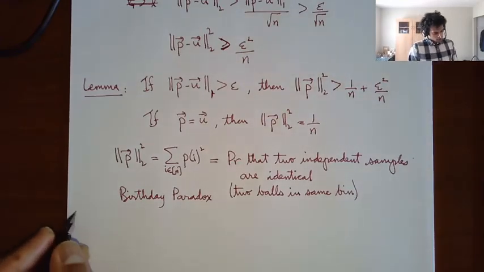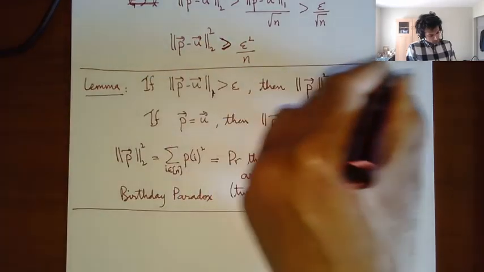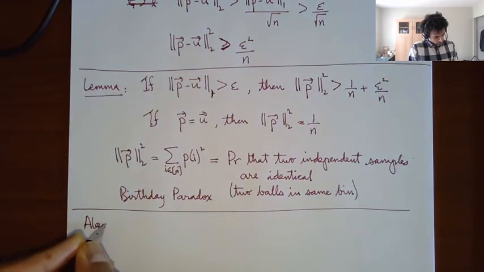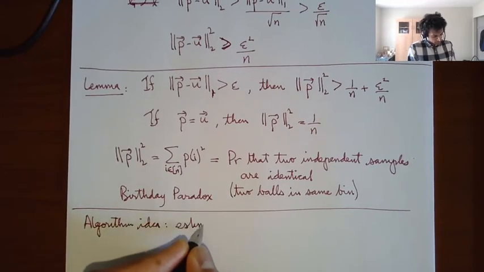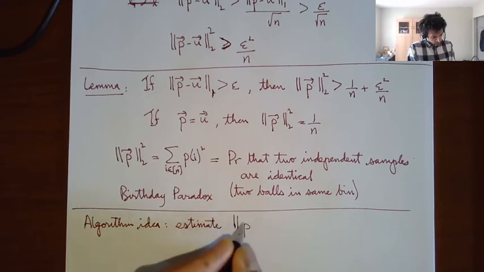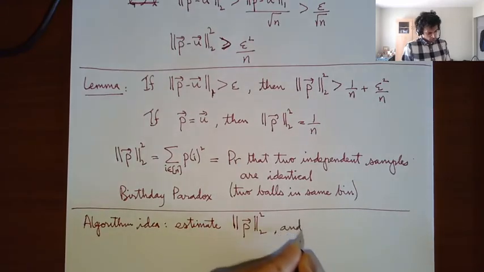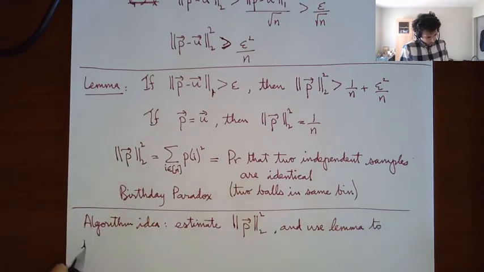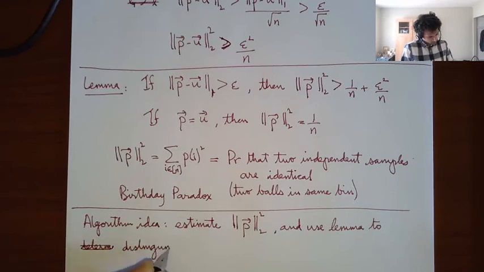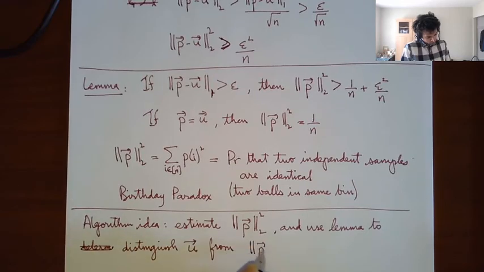Okay. So what is the algorithm? Now we have this lemma. The algorithm idea is to estimate the 2 norm and use the lemma to distinguish u from p where the distance from u is greater than epsilon.